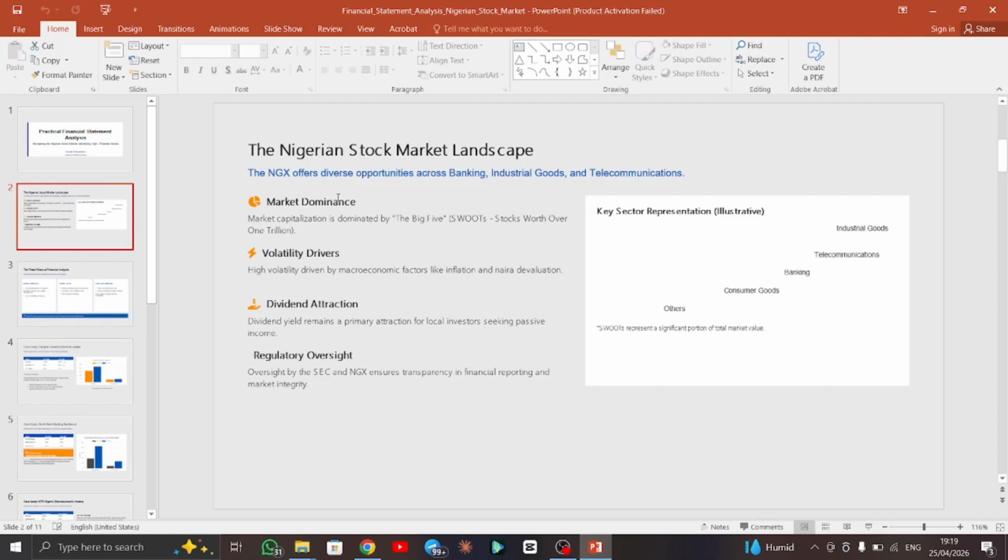Now, if you look at the landscape of the Nigerian stock market, you see that we have what we call market dominance, and this has to do with market capitalization. If you were in my first training about investing in the stock market, I talked about market capitalization, how we have companies with high market cap, medium market cap, and low market cap.